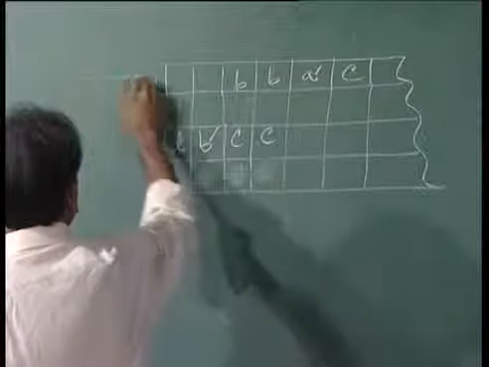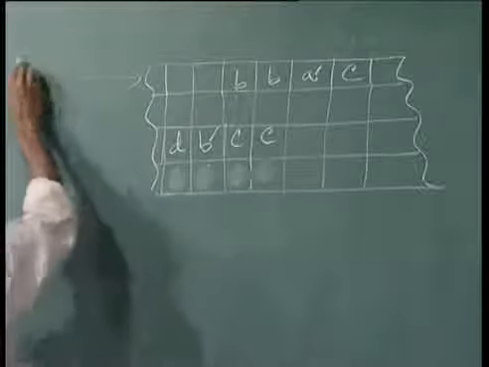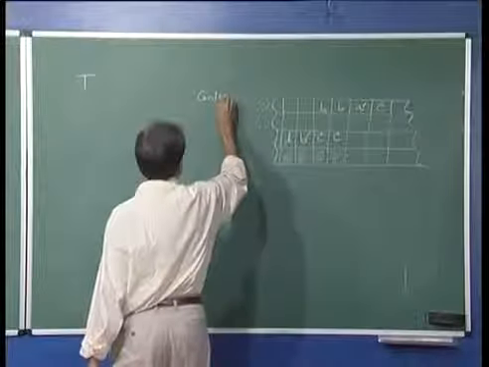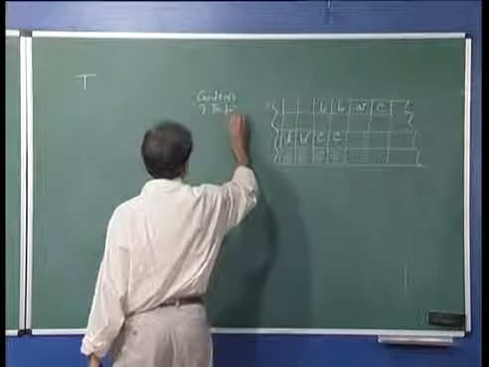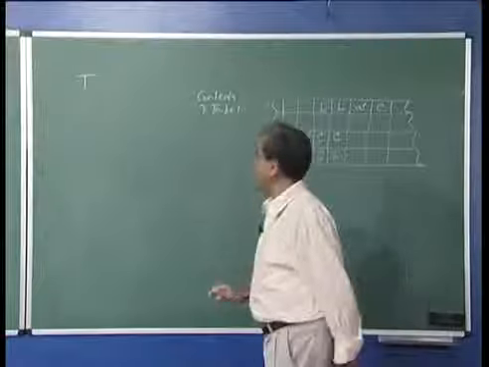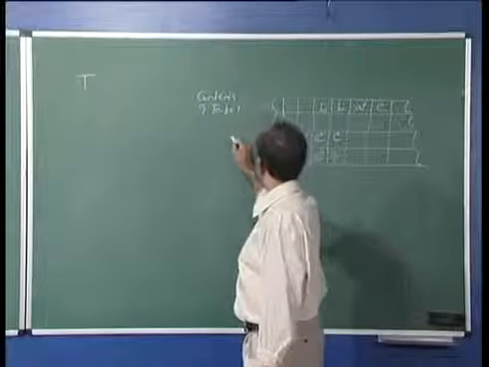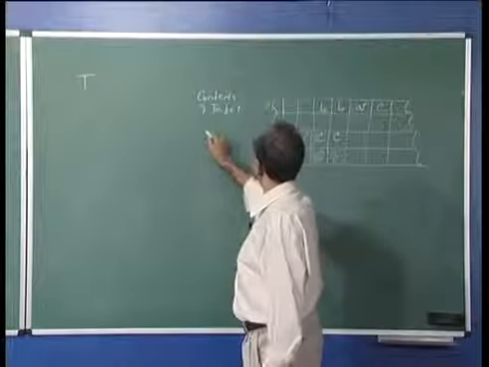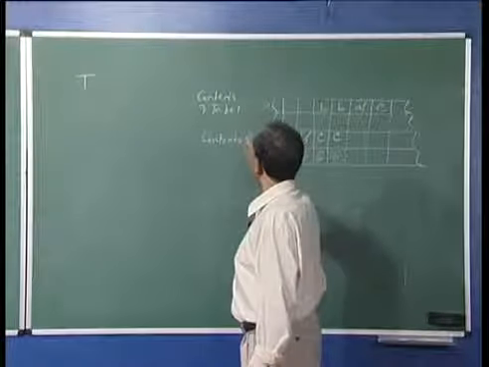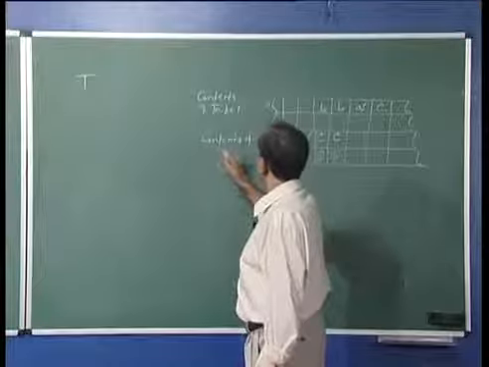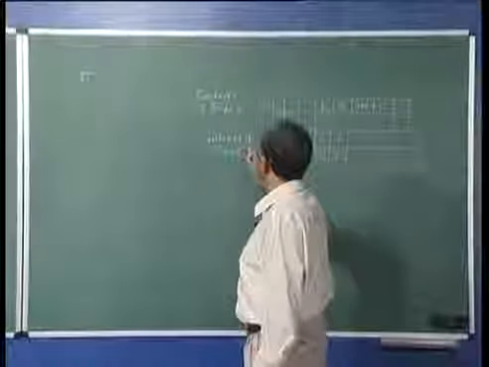So, this track will have the contents of tape 1 and this third track will have the contents of tape 2.